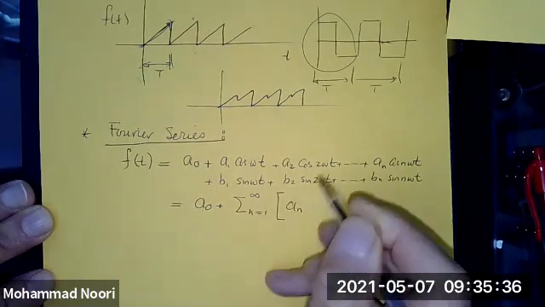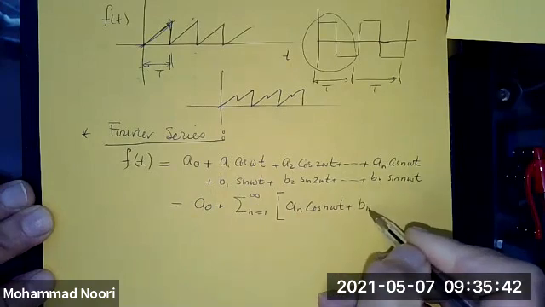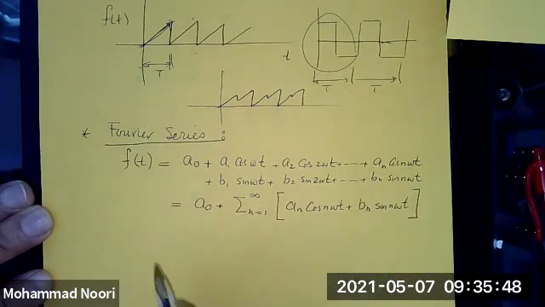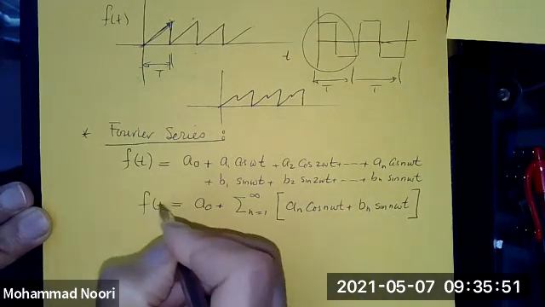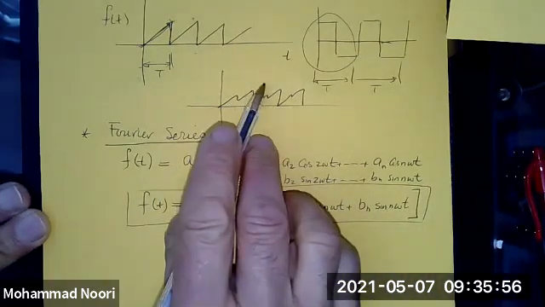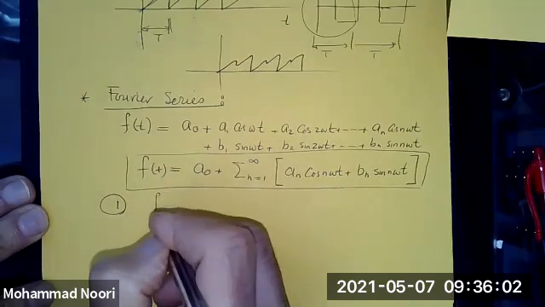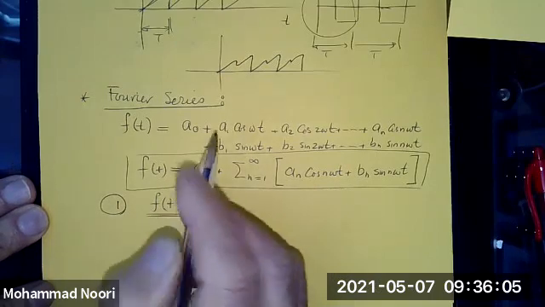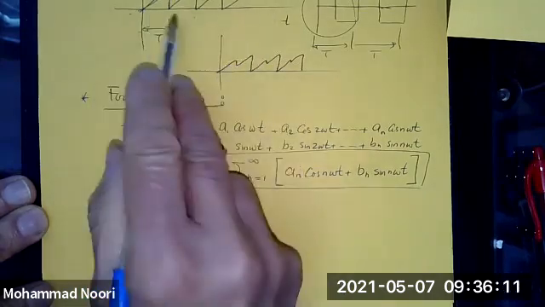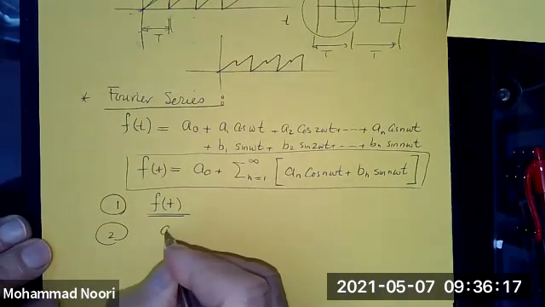an cosine of n omega t plus bn sine n omega t, where in this series, or in other words, in order to set up an approximate form for these periodic functions, all you need to do first is define the mathematical form, or write the mathematical expression for this function, as long as the values are given, and then evaluate these quantities.